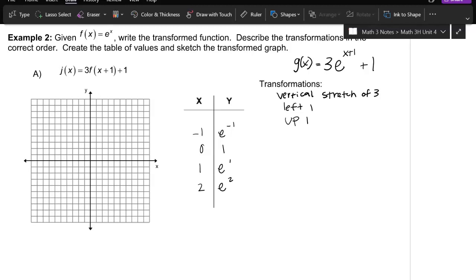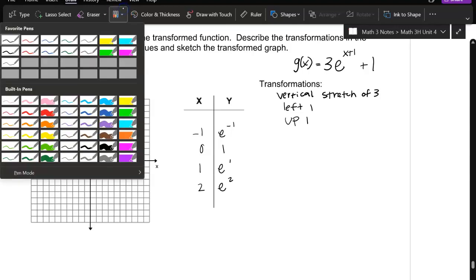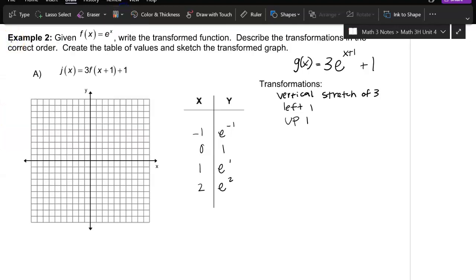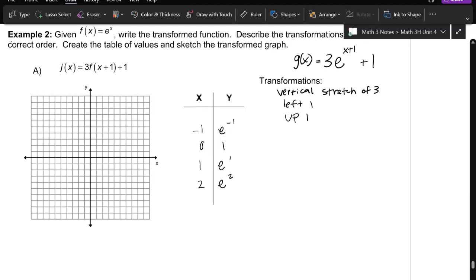All right. So that vertical stretch of 3, we'll see that on the points, but remember our asymptotes move by our shifting. So we're going to go left 1 and up 1, kind of at our 0, 1 point.